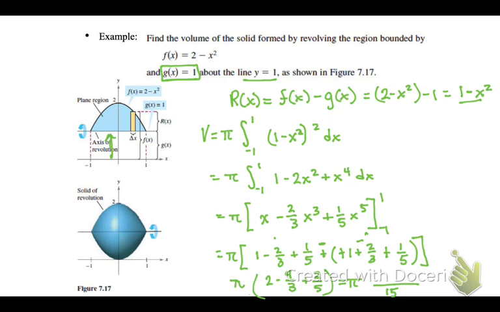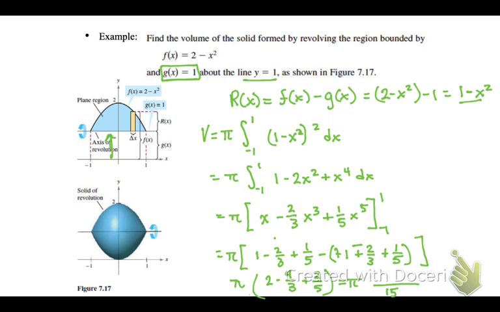I need to do that again because I think it was supposed to be negative. So minus negative 1 plus 2/3 minus 1/5. Yeah, so that made this positive, this negative, this positive. So we have negative 2/3 and negative 2/3, so I had negative 4/3.